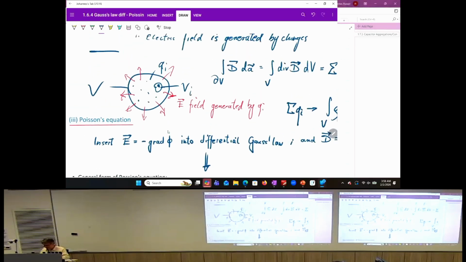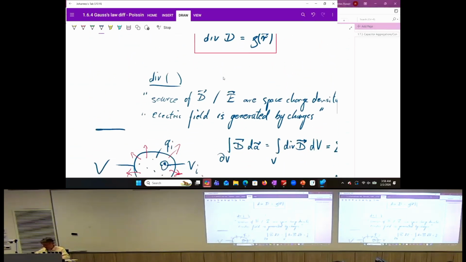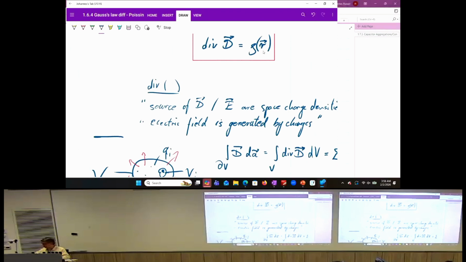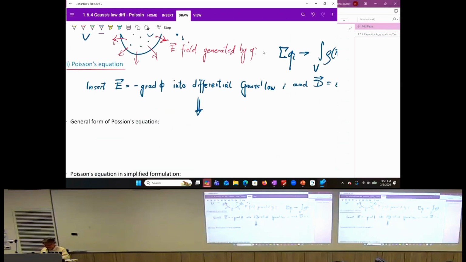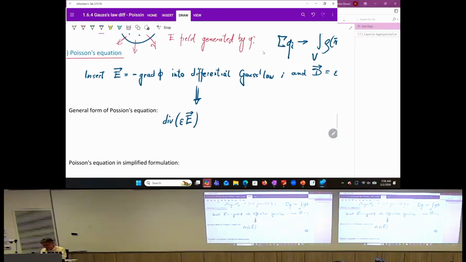Insert that. You see here we had divergence of D equals rho. For D we insert divergence of epsilon, which is the permittivity, times the E field.